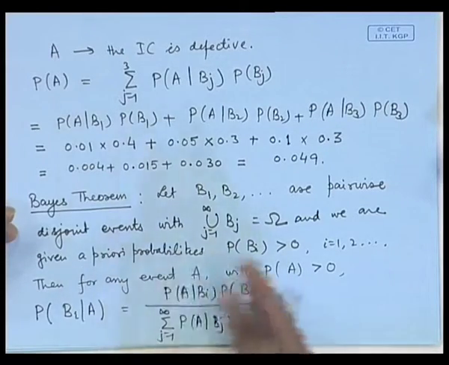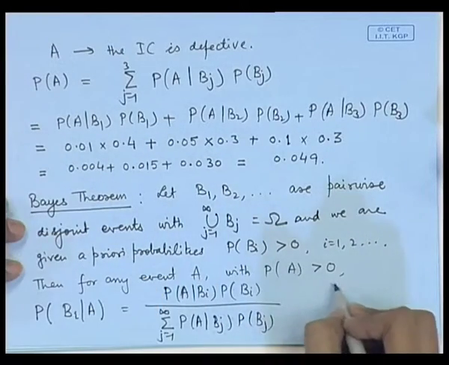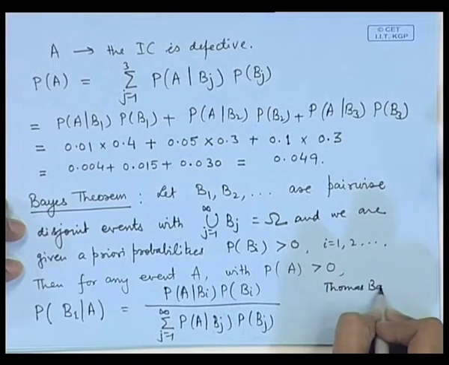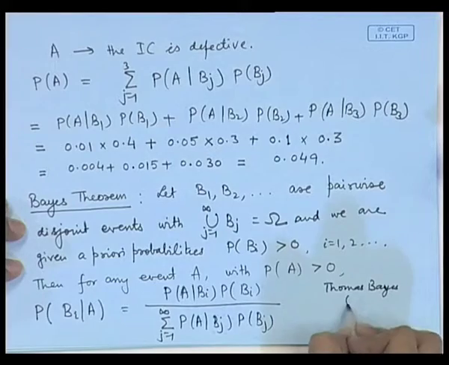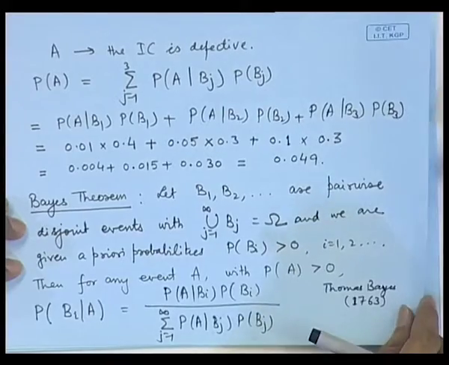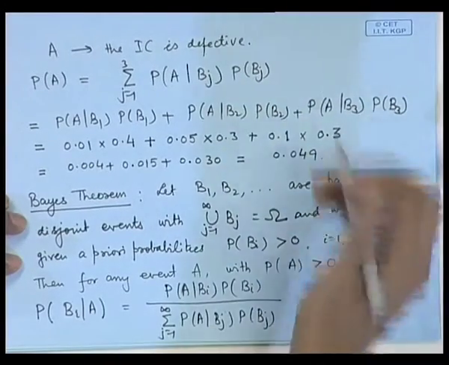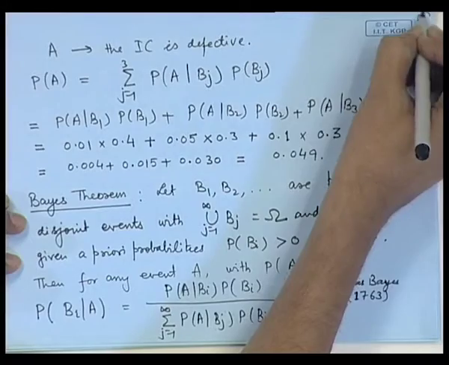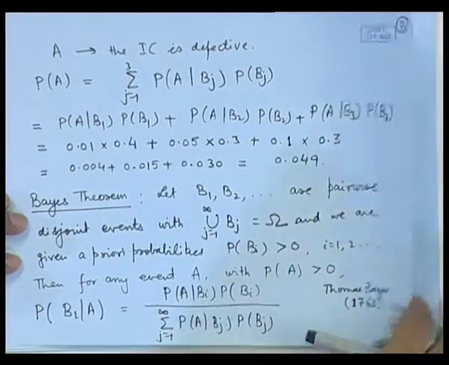This reverse relationship is due to Reverend Thomas Bayes, and it was published in his treatise in 1763 posthumously. Let us look at the proof of this.